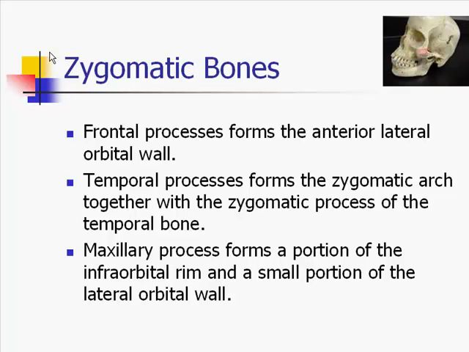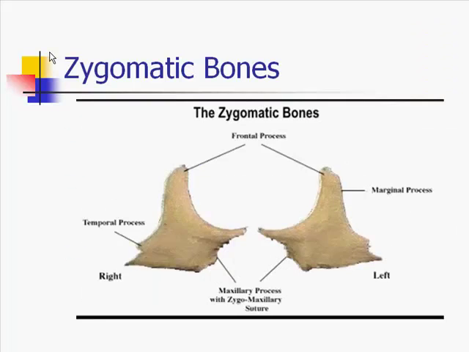The temporal forms the zygomatic arch together with the zygomatic process of the temporal bone, and the maxillary process forms a portion of the infraorbital, infra would mean below, orbital rim, and a small portion of the lateral orbital wall.